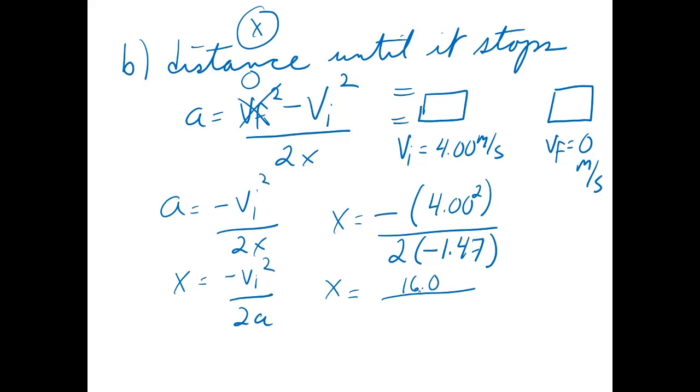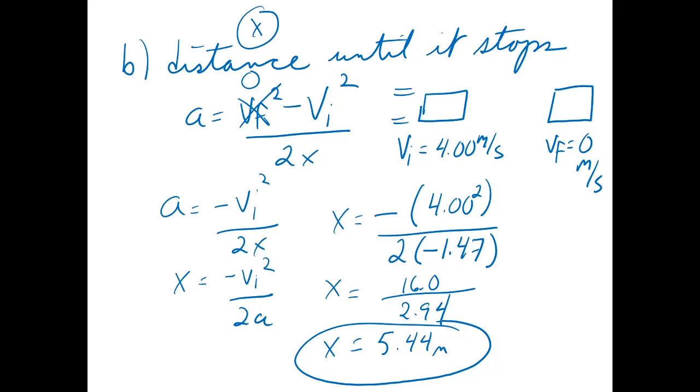So this will top 4 squared is 16, and 2 times 1.47 is 2.94. And then we do our division here, and I'm getting 5.44 meters.